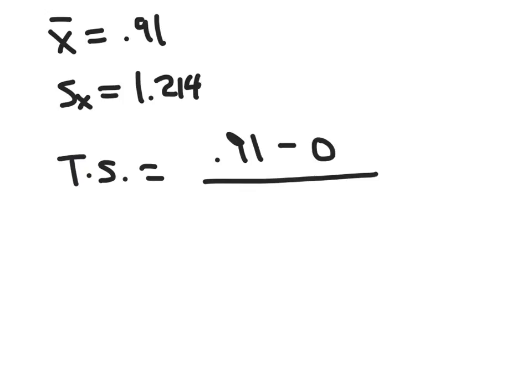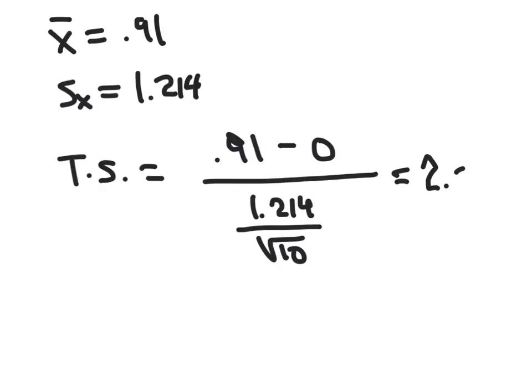What we observed versus what we thought it might be. And then the standard deviation, 0.214 over the square root of 10. And what do we get for that? So it looks like we get 2.37. Quite a ways over there.